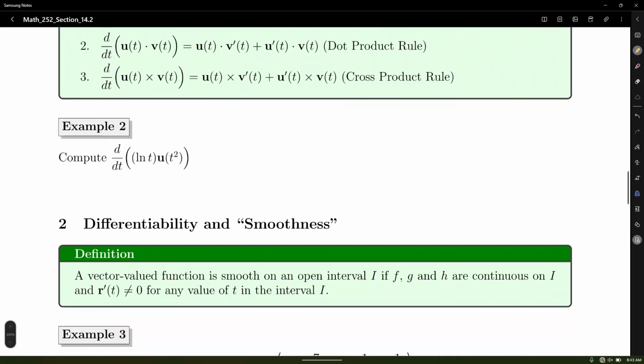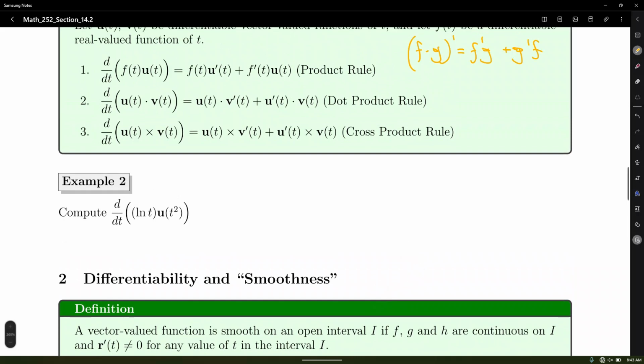But let's do something like case number 1. So in this case, they're asking us to differentiate the product between a scalar and a vector. How can you tell it's a scalar times a vector? Well, the notation gives it away. There's ln of t, which just looks like a scalar, and this u in bold case, or if it's written by hand with an arrow at the top, that indicates it would be a vector valued function.